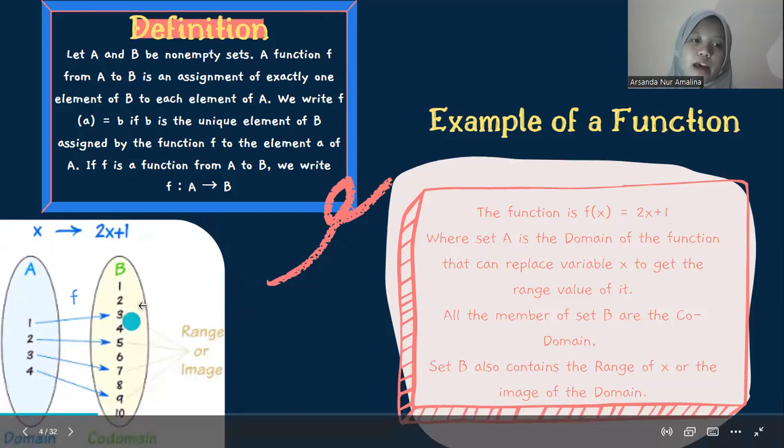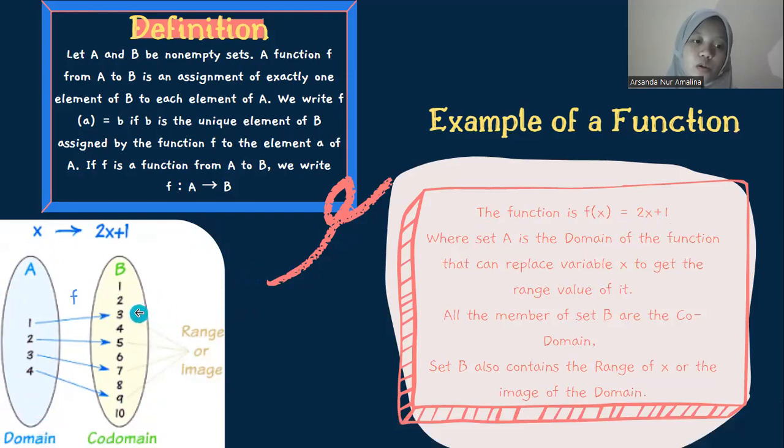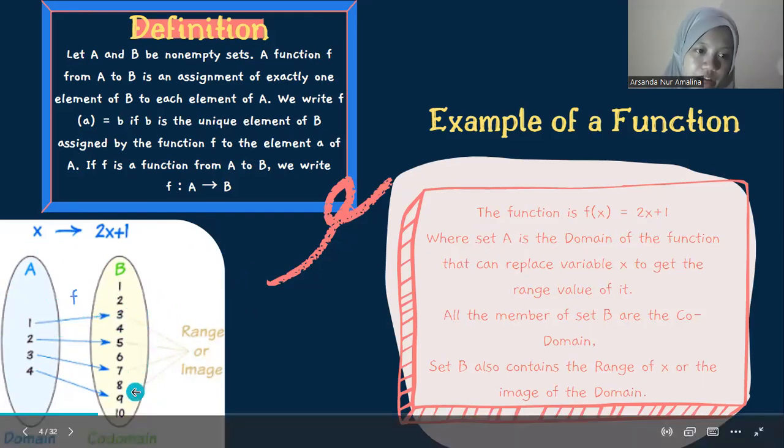In set B, all elements of set B are the codomain, and set B also contains the range or image of set A under f. So the range is 3, 5, 7, and 9 in this case.